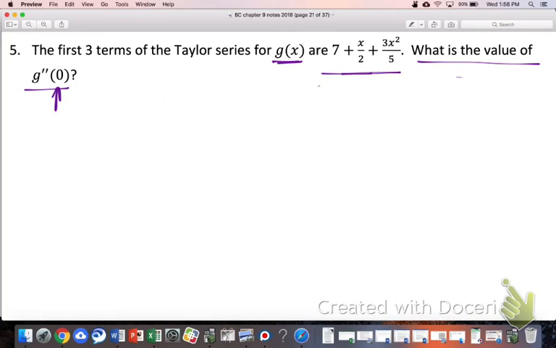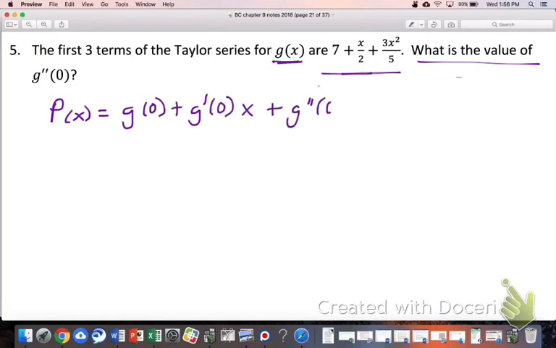So here's what I would do with this one. Once I recognize this is really a Maclaurin series or Maclaurin polynomial, I would write it out like this. Maybe I'd say p of x equals g of 0 plus g prime of 0 times x plus g double prime of 0. Hey, that's what I wanted, right? I wanted g double prime of 0. What I would then attempt to do is match up the correct term in the Maclaurin construction with the correct term in the polynomial.